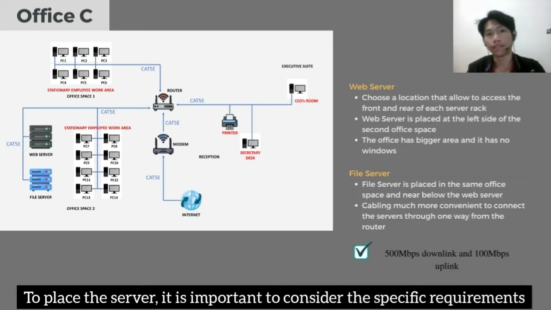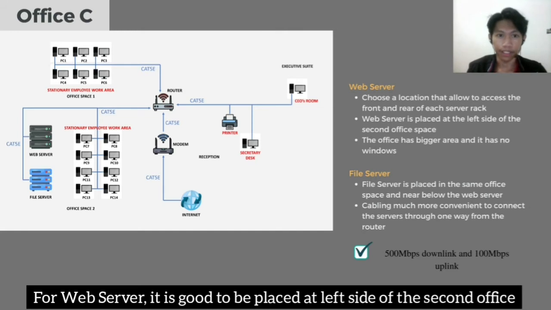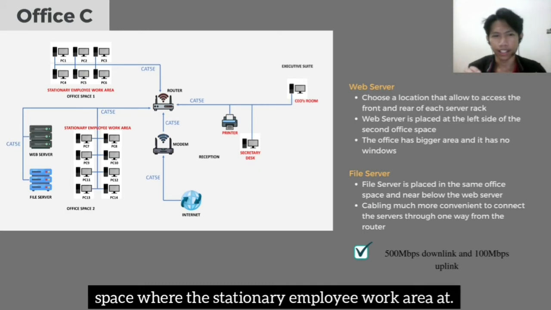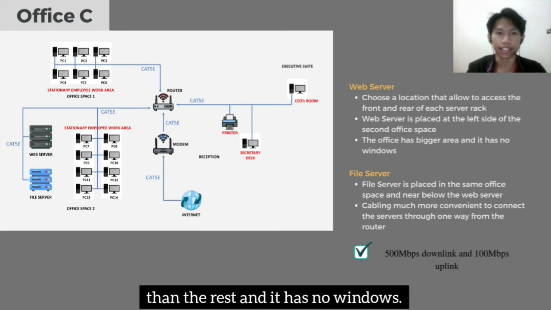To place the server, it is important to consider specific requirements such as the size of the office and the number and type of devices that the business uses. The web server is best placed at the left side of the second office space, where the stationary employee work area is. The reason is that the office has a bigger area than the rest and it has no windows.